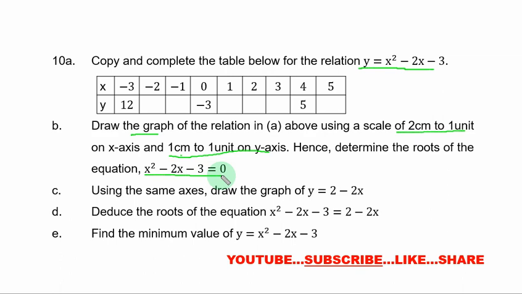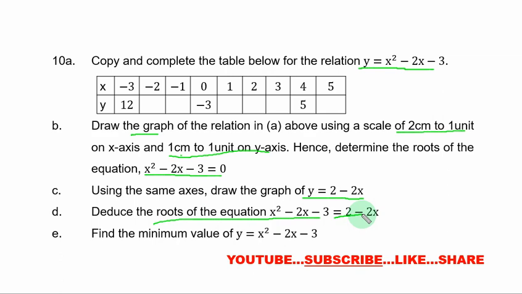C part of the question, using the same axis, draw the graph of y equals 2 minus 2s. This one is a linear graph. D part of the question, deduce the roots of the equation s squared minus 2s minus 3 equals 2 minus 2s.